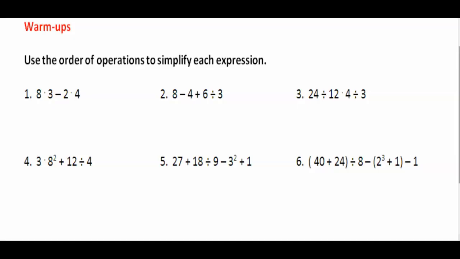So when you do the order of operations, what you want to do is follow Please Excuse My Dear Aunt Sally. And as you follow them, parentheses and exponents are grouped together, multiplication and division is grouped together, and addition and subtraction is grouped together.